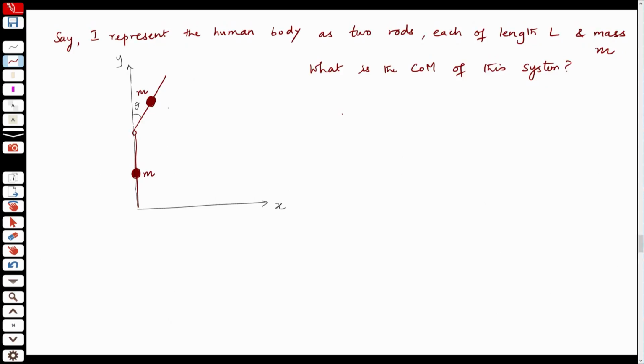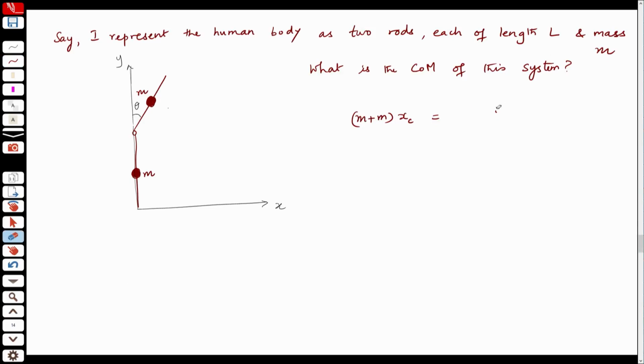So, I can say that m plus m into the x coordinate of the center of mass is essentially equal to sigma mi ri, the x coordinate, right.